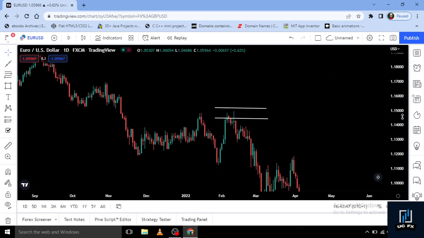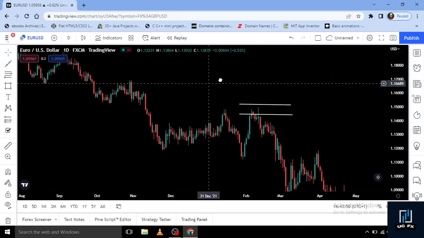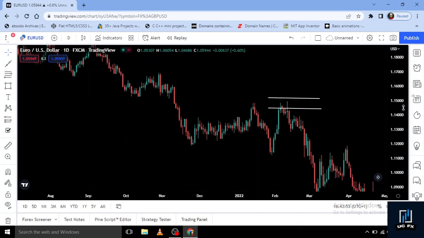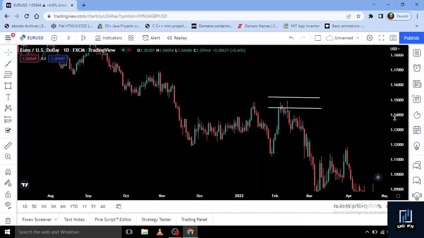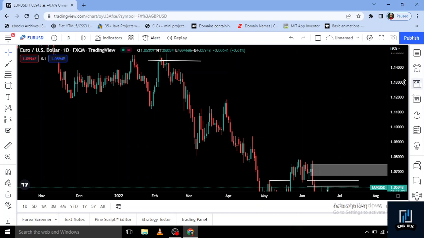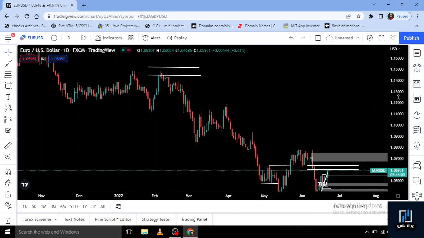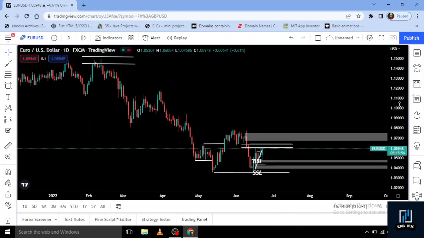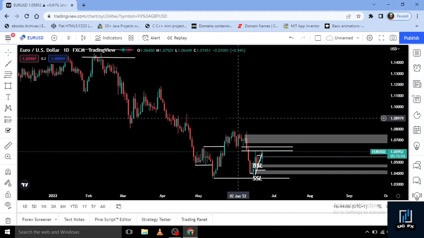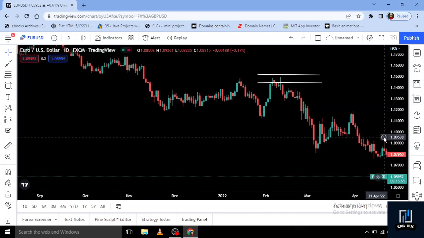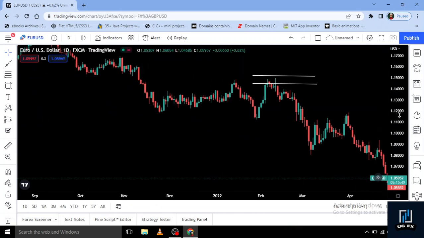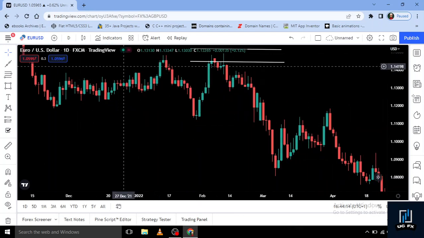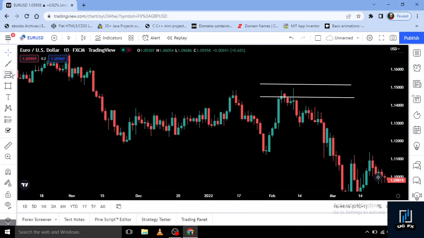So what is accumulation? These are basically areas where the smart money try to make the market look as if it's going to keep on selling. As you can see here, you have a nice accumulation at this zone. This is what we call accumulation.